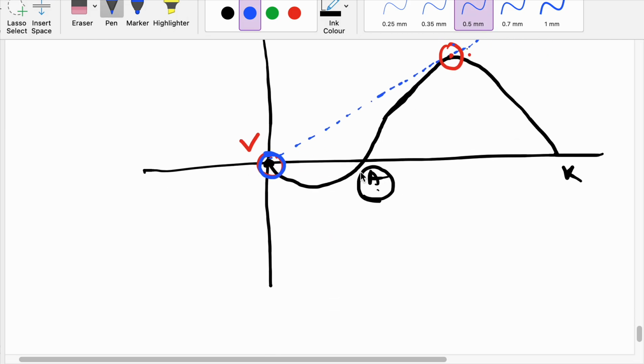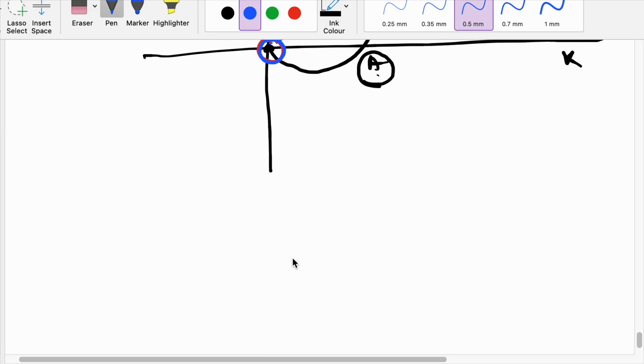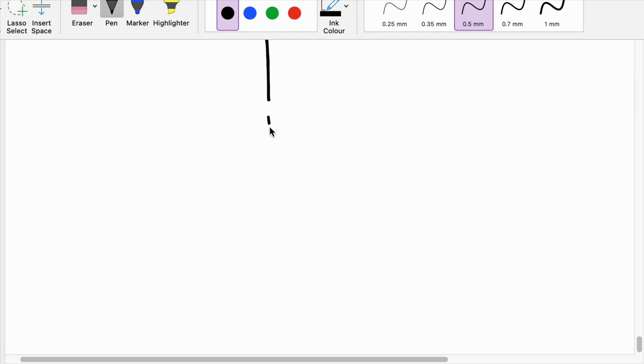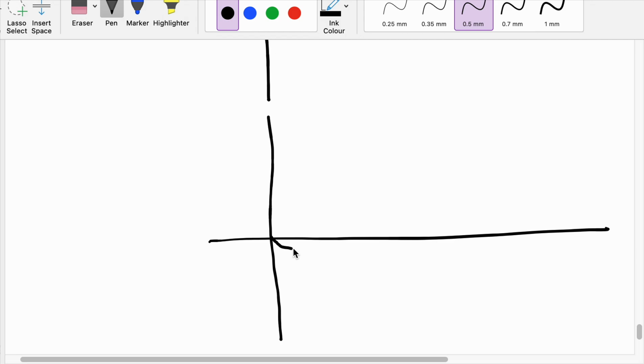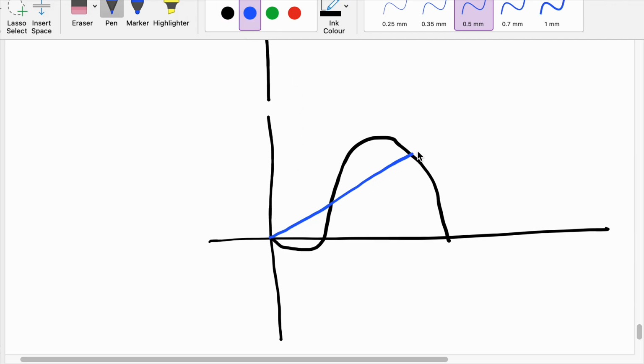Now if I decrease a further, you will find this kind of graph, where the identical line, with this being k, this a, and this 0, cuts this black line in 2 points.